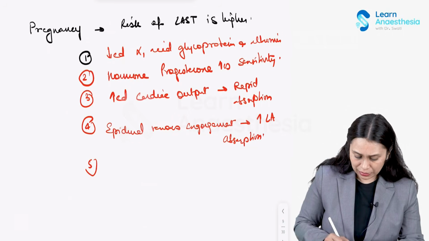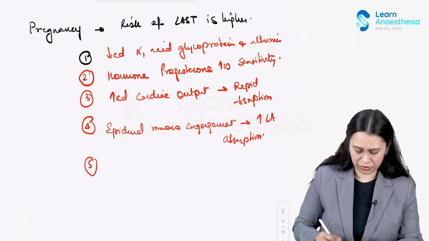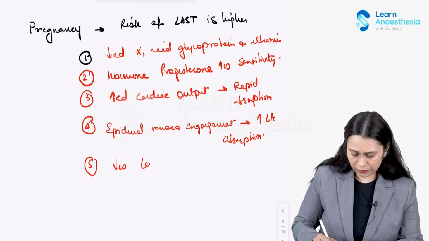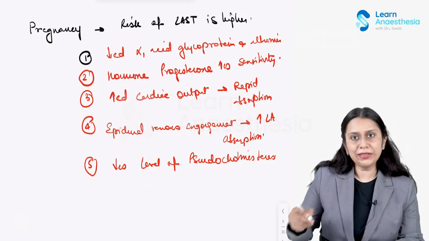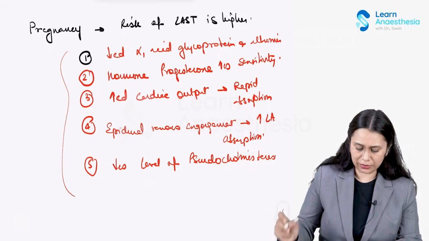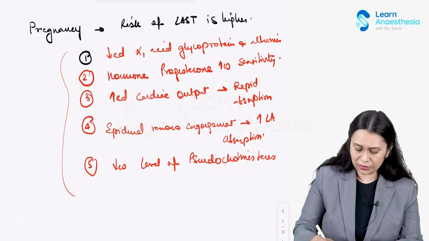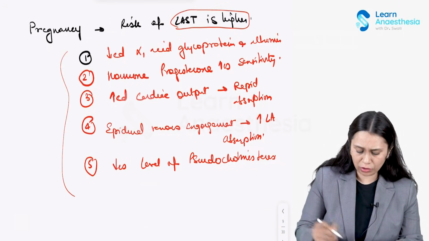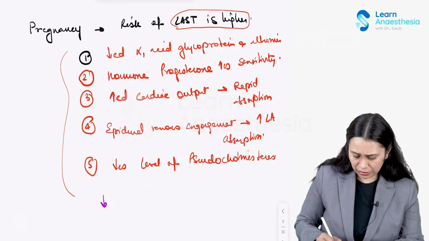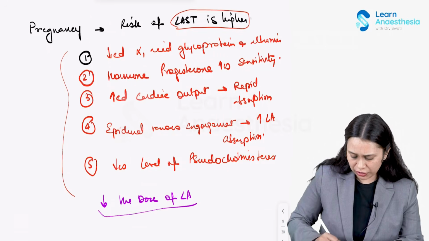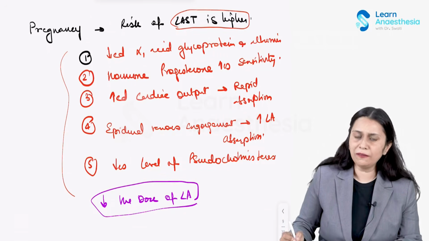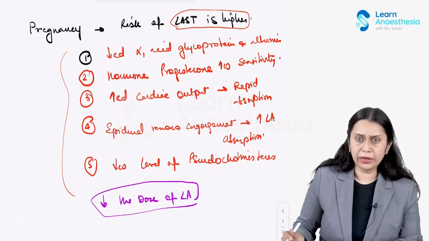And the fifth is decreased pseudocholinesterase, a decreased level of pseudocholinesterase, which will also increase the risk of LAST with ester LA. So these are the reasons why the risk of LAST is high in pregnancy. So again, what do we have to do? Decrease the dose of LA and be very vigilant in monitoring when we are using a block in pregnancy.